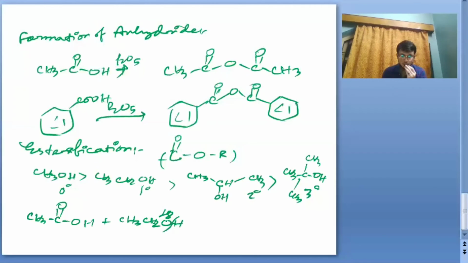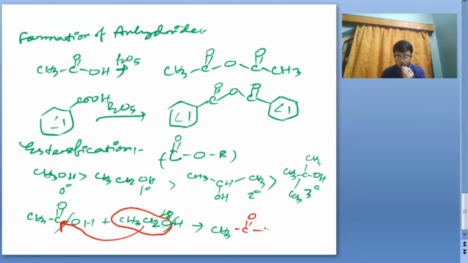This OH bond gets broken here, and this OH bond gets broken here. So this total CH3CH2O goes to this carbon and gets added with it. So it will be O18C2H5. That's how esterification reaction occurs.